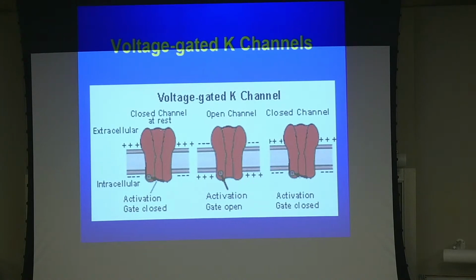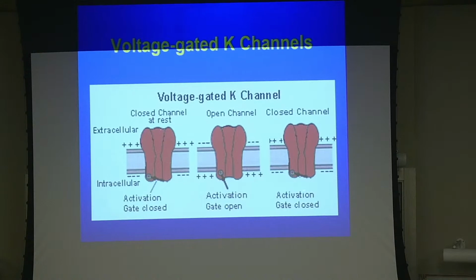But unlike the sodium channel, which opens almost instantaneously, the voltage-gated potassium channel takes a while to open. It's slow. It's kind of a lumbering channel. So that's why it's called the delayed rectifier. But it opens, potassium flows out, and potassium now becomes the charge carrier, which carries the positive charge out, returning the membrane potential back to its negative state.